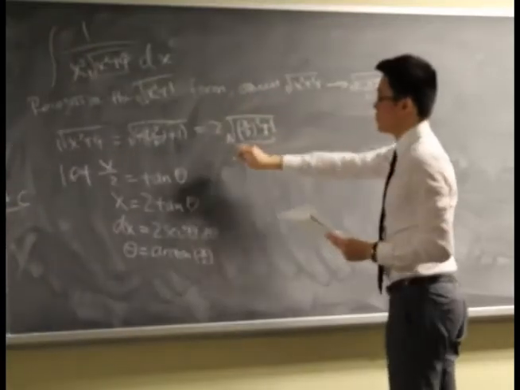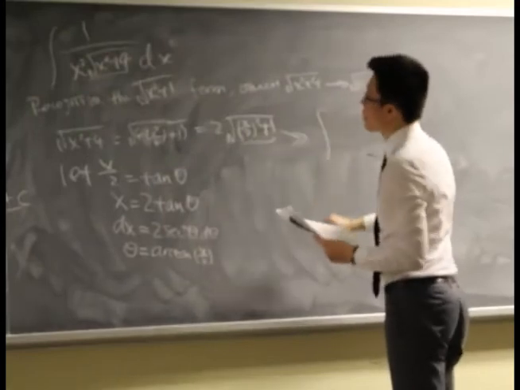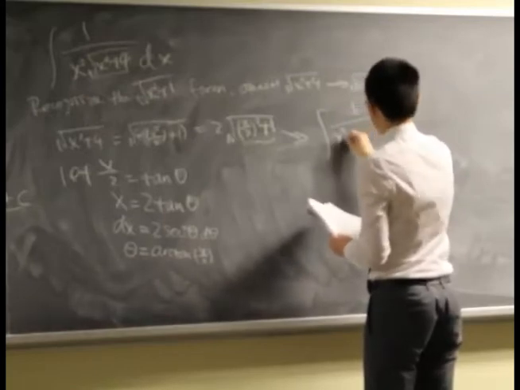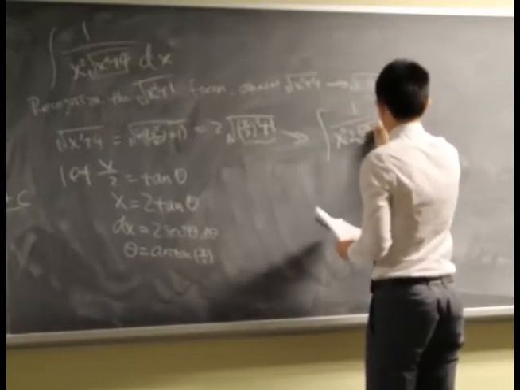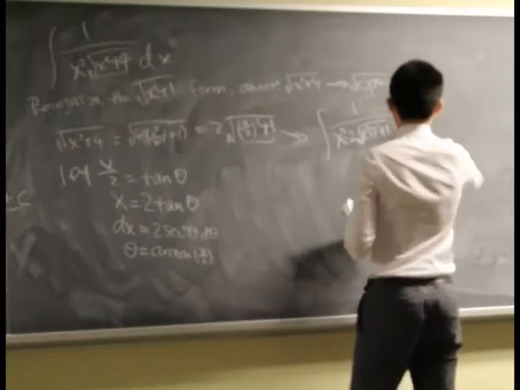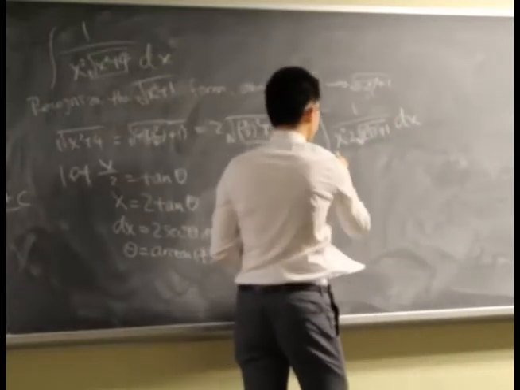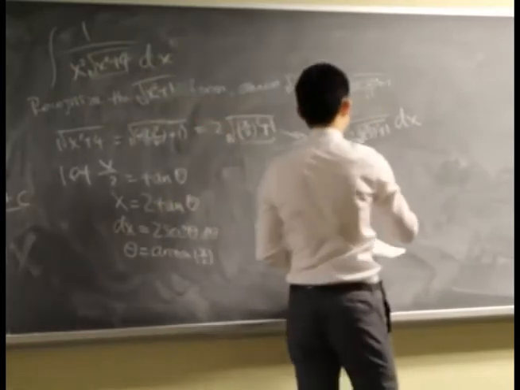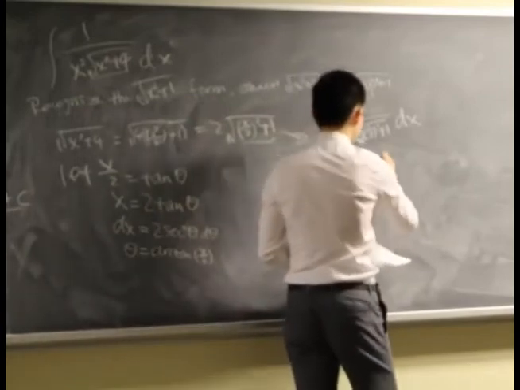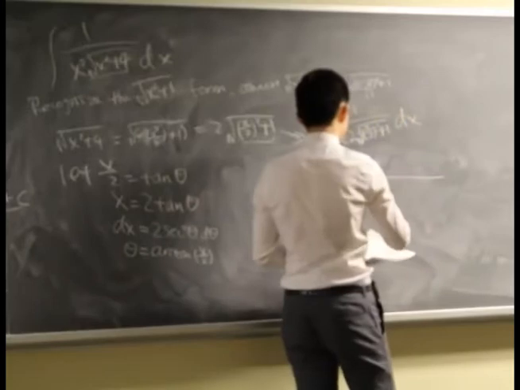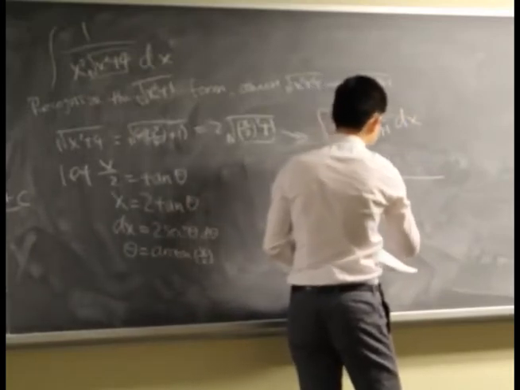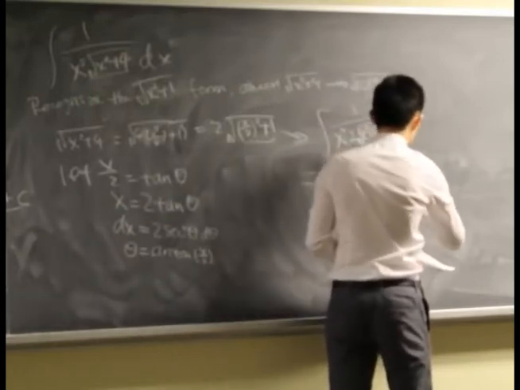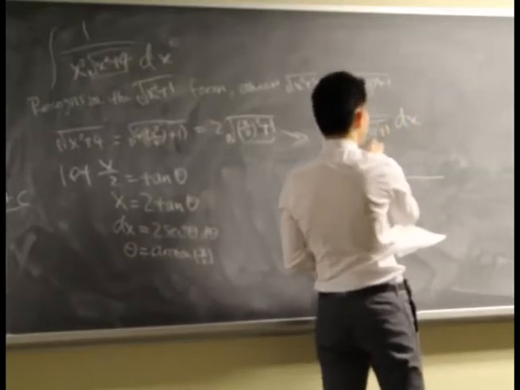So now that we have converted into the standard form, we're going to write the integral again as x squared times 2 times the square root of (x over 2) squared plus 1, which is going to translate to, using the substitution x equal to 2 tangent theta, 1/2 integral of 1 over a very long expression, 4 tangent squared theta times square root of x over 2, which is just tangent theta, so that's tangent theta squared plus 1.